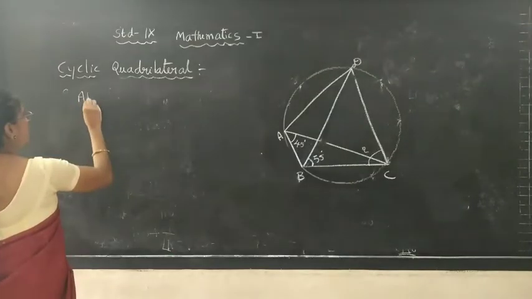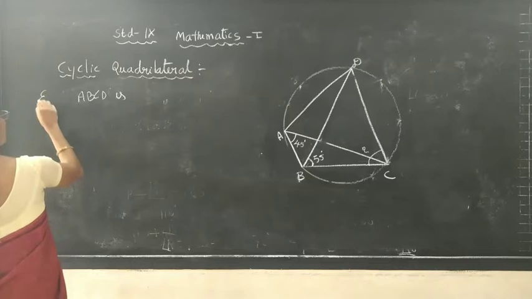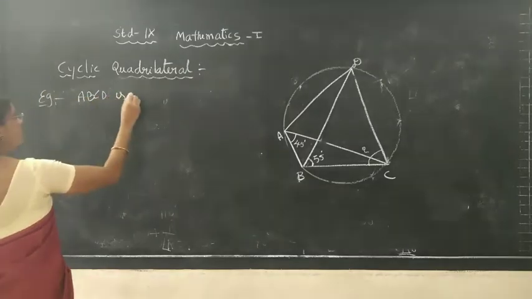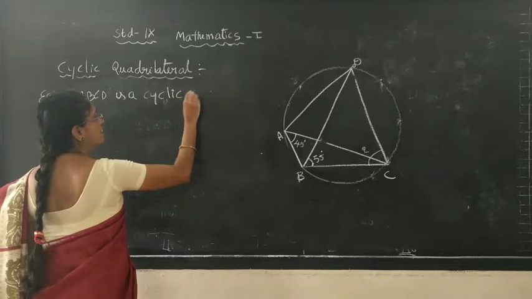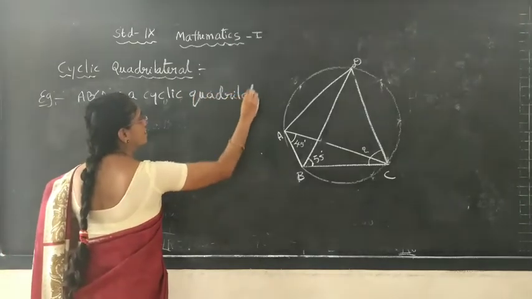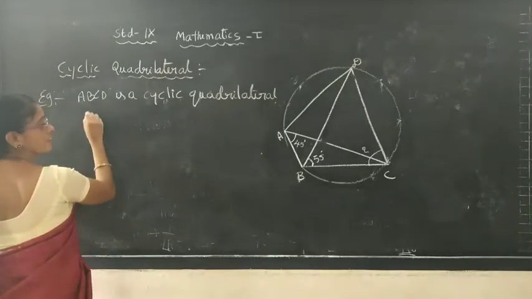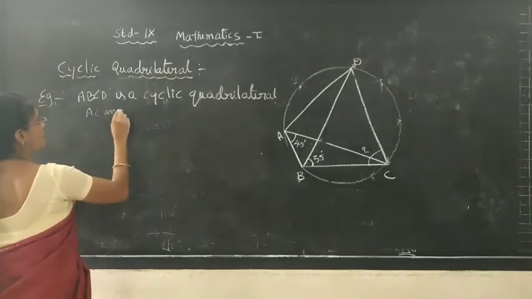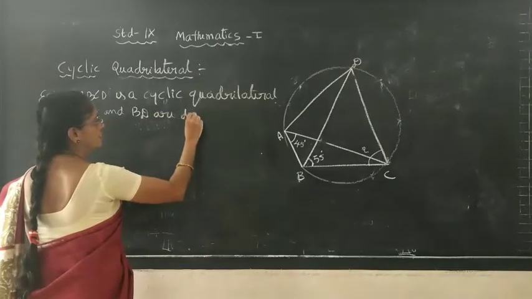Now, ABCD, this is also an example problem. ABCD is a cyclic quadrilateral. AC and BD are diagonals.